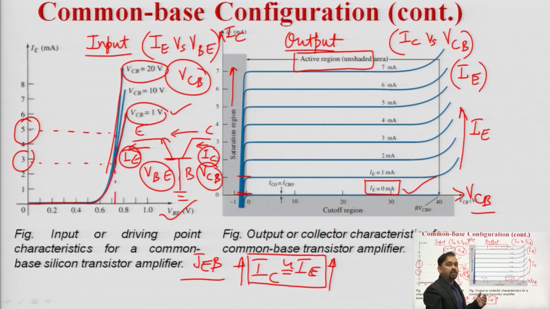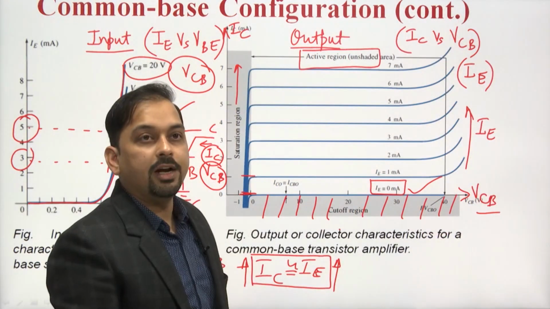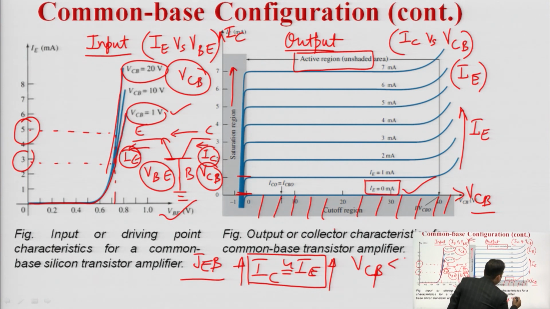So, this region is basically referred to as the active region. Now, the region where the collector current becomes 0 is known as the cutoff region. After that, we can also see the saturation region: if the collector base voltage VCB is somewhere less than 0, the base becomes more forward biased in comparison with the collector.